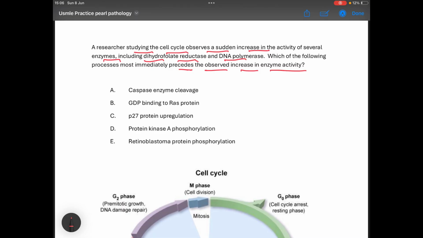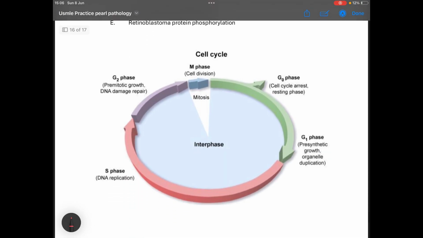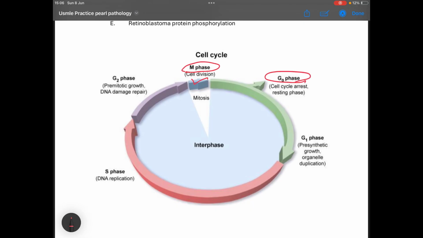So first we have to check the cell cycle. In the cell cycle there are phases like interphase, cell division, and mitosis. G0 phase is non-dividing. G1 phase is preparation for cell division, and S phase is DNA replication. G2 phase is pre-mitotic growth and DNA damage repair. First, we have to find in which phase the cell is.